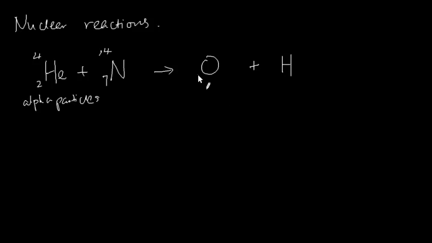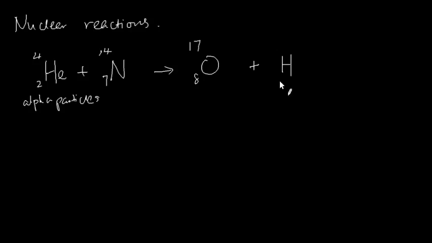Now oxygen has 8 protons. Oxygen normally has 8 protons and 8 neutrons, but a small fraction of oxygen atoms might have 1 extra neutron, and in this case the product of this reaction has 9 neutrons.